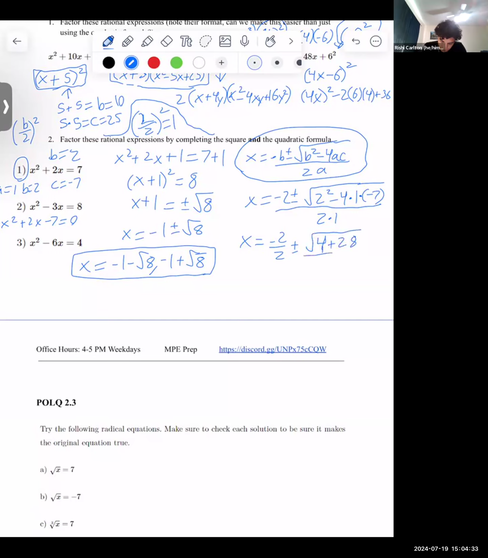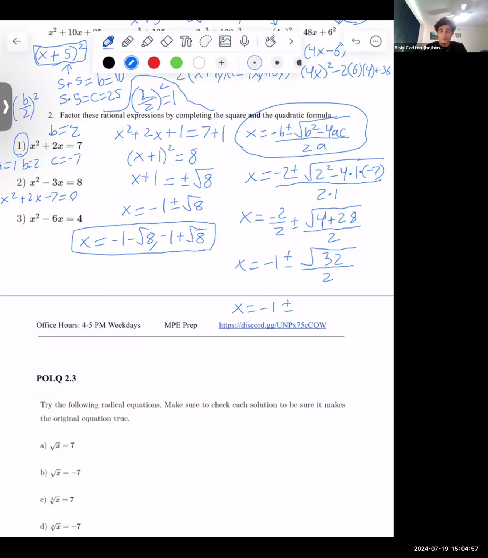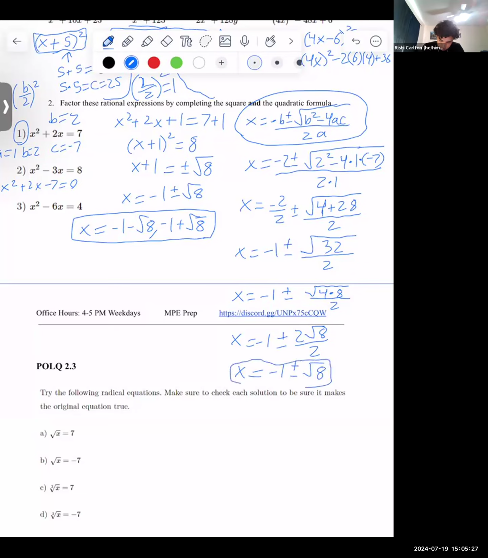Then we break up that square root as much as possible, which looks like 4 times 8. The reason I chose 4 times 8 is because 4 has a square root. So I can break this up into our final answer of -1 plus or minus 2 rad 8 over 2, which is equal to -1 plus or minus rad 8. Cool.